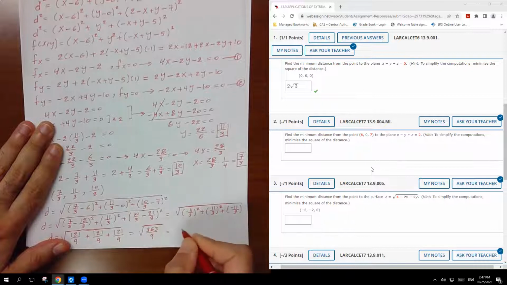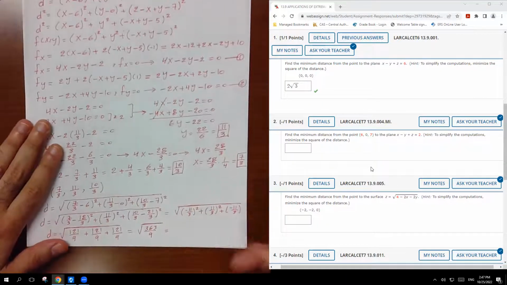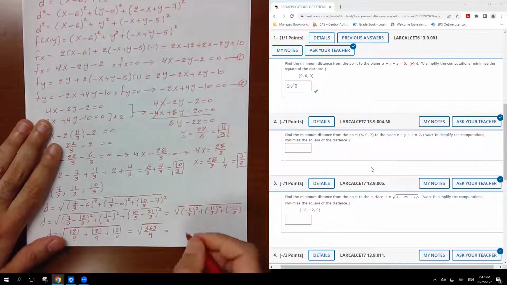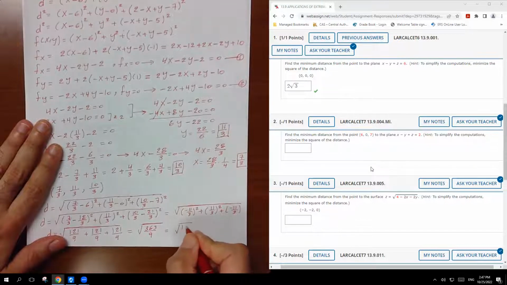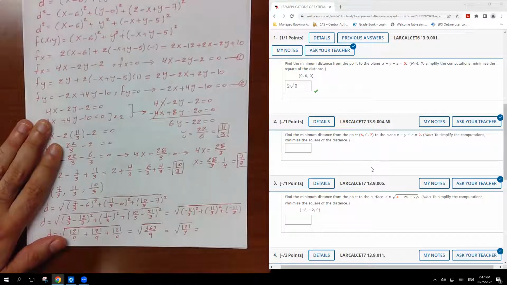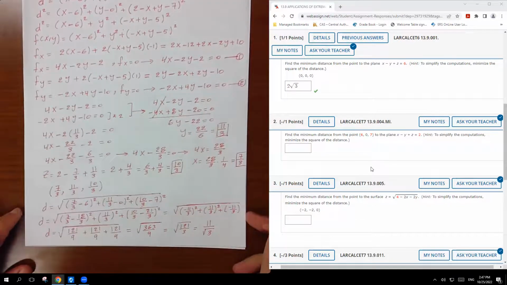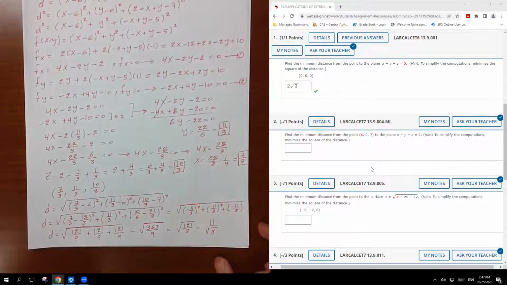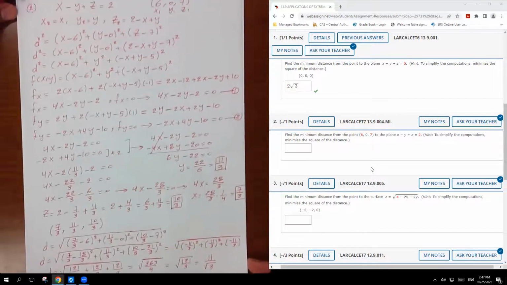We can divide by 3. So it's going to be 121 over 3. And there is a root for 121, which is 11. And keep the 3 here. You can rationalize, but if you just keep it like this, it's going to be right.